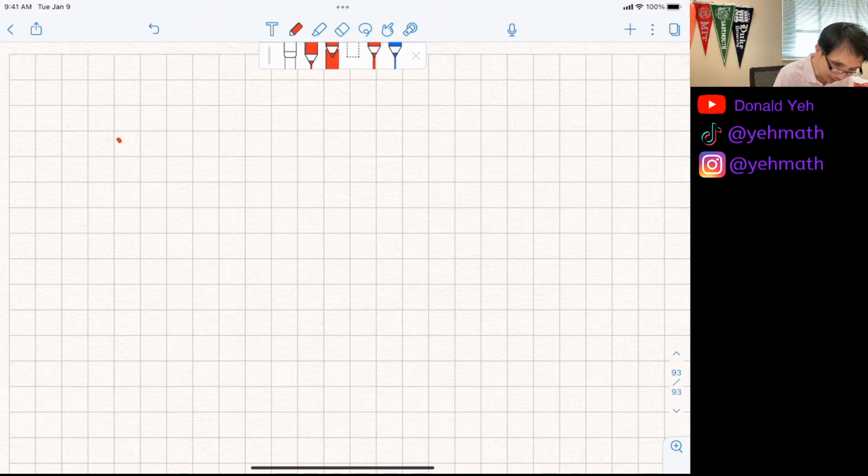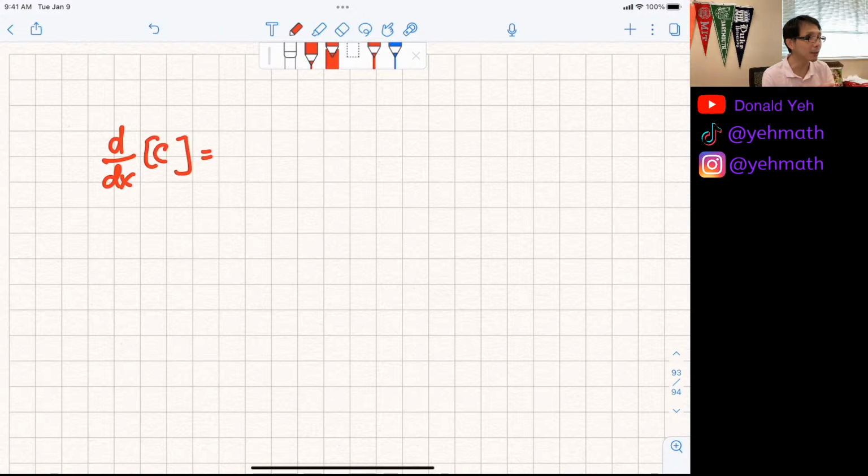Okay, so if I want to take a derivative of the constant c, what do you think it's going to be? Okay, so what if I say y equals 2? What does that look like?